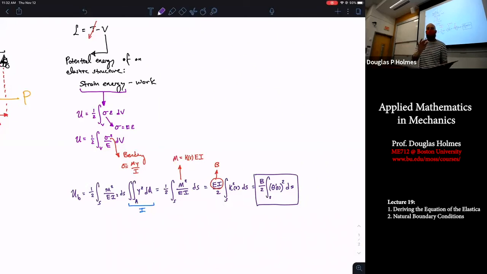And by stretch, to be clear, I'm referring to both stretching and compressing. I'm saying this object is so thin that it is not going to stretch or compress. It's only going to bend, which we can reinterpret as assuming that our elastic strip is inextensible.